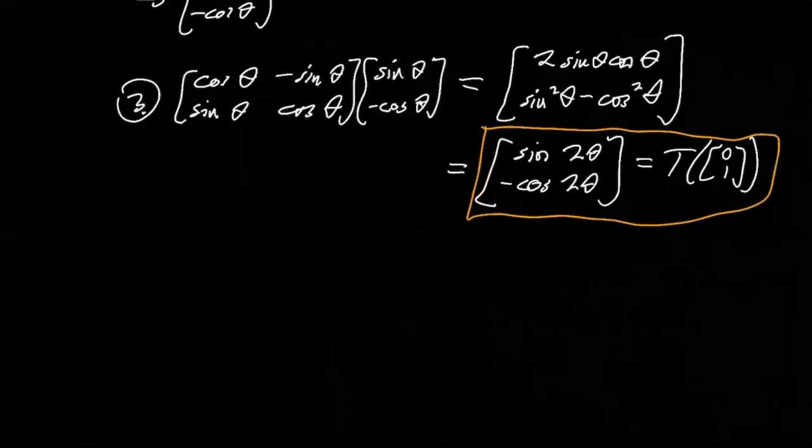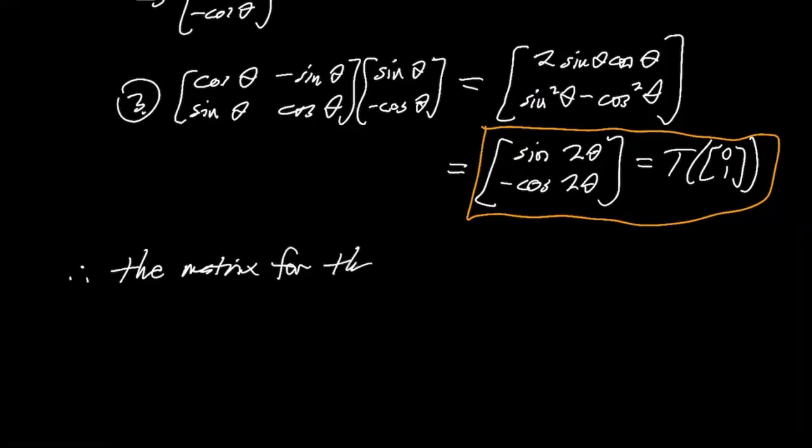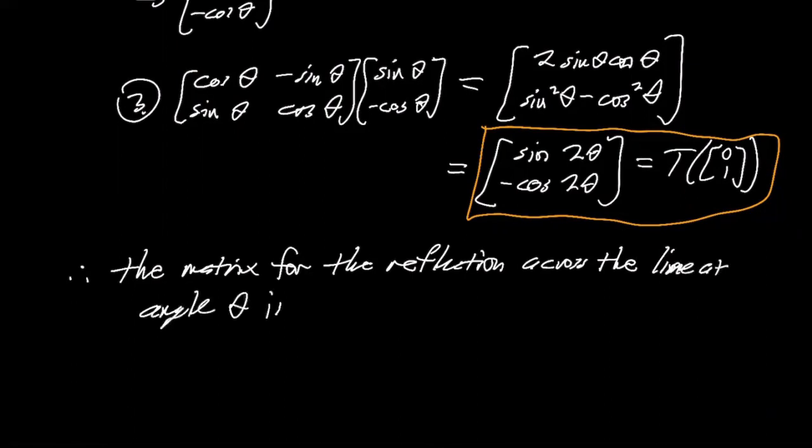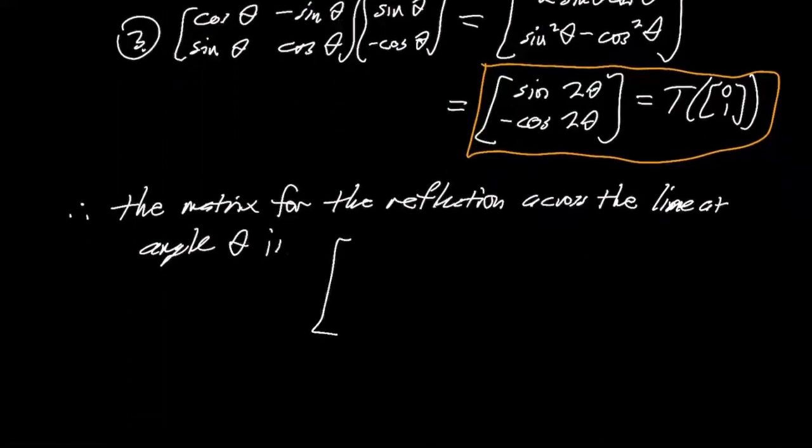So therefore, the matrix for the reflection across the line at angle theta is cosine 2 theta, sine 2 theta, sine 2 theta, minus cosine 2 theta.